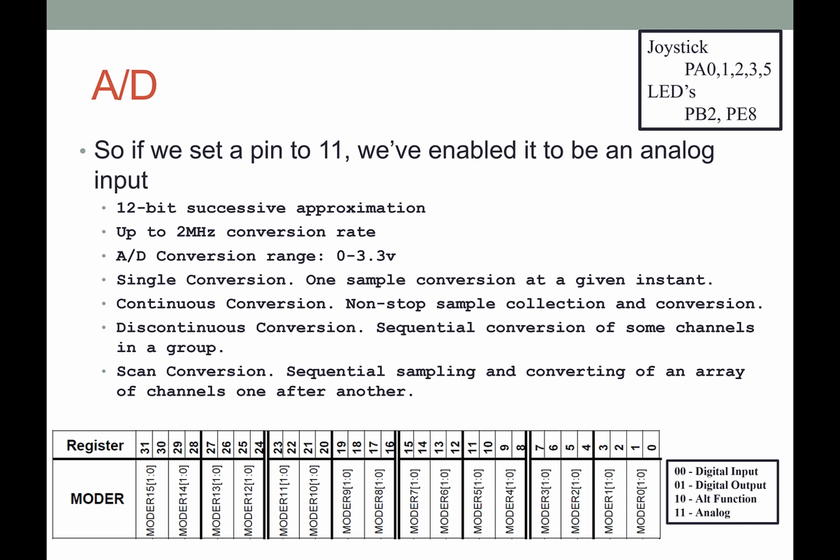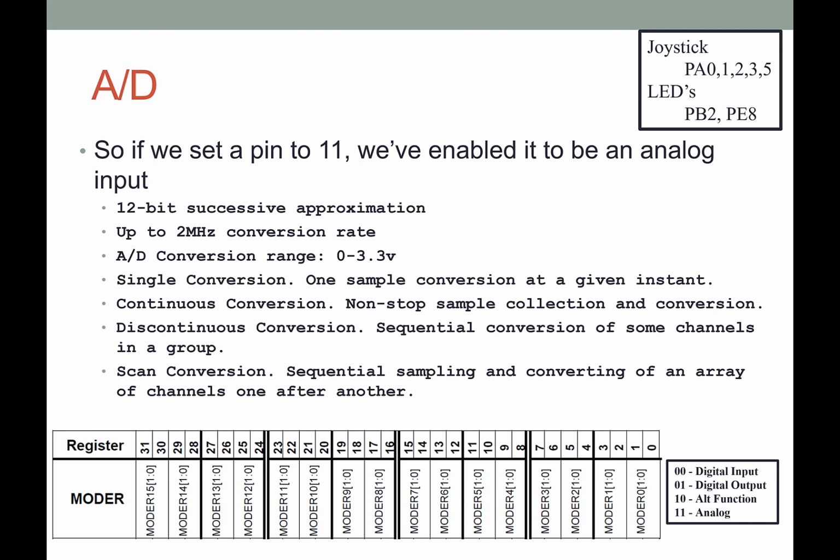Okay, so there's a couple of things that we have to be aware of. We've done a little bit of this before. Again, we're still using the GPIO pins because we are using the input-output ports of the microcontroller, but specifically we're going to tie them to the analog to digital converter. Now, how do we do that?